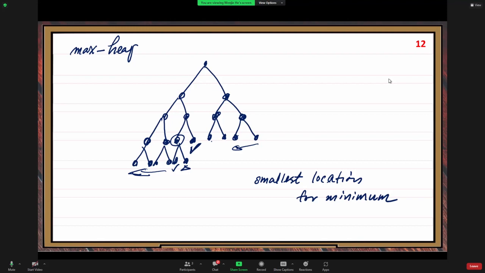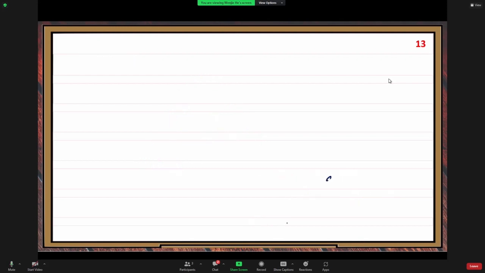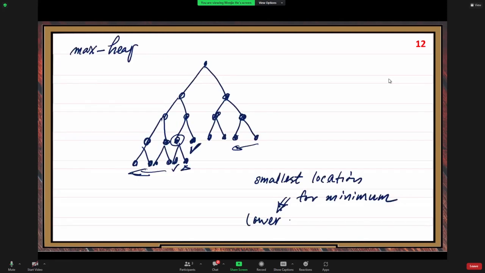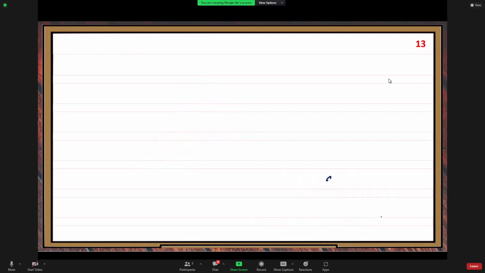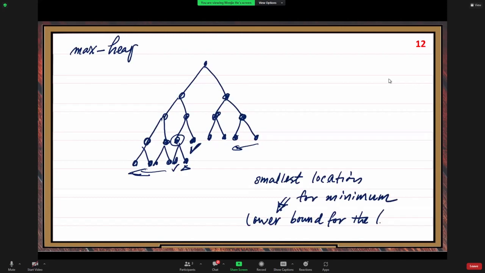I hope when you use this diagram, you can figure out how to use a formula to represent the location of the smallest element. What is the lower bound of the leaf range? The smallest location for the minimum, that's the lower bound for the leaf range.